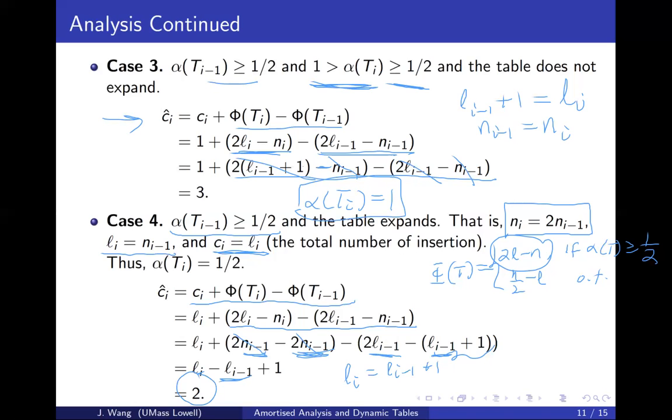Because of the doubling, you need to do linear operations copying existing elements from the old table to the new, but under this amortized analysis, we know it is still constant.